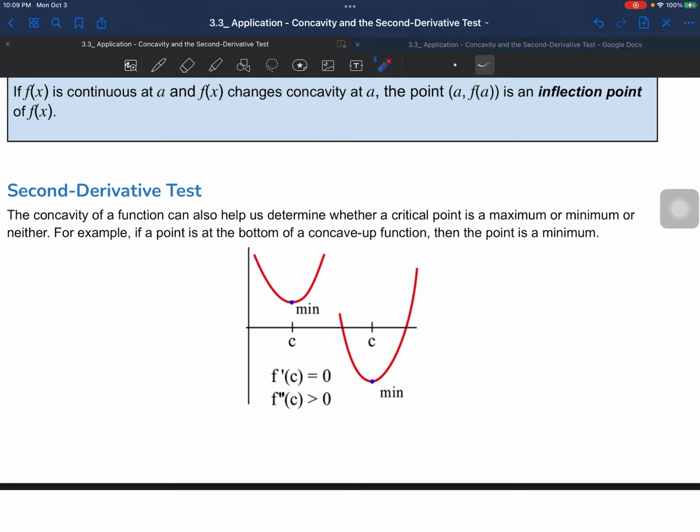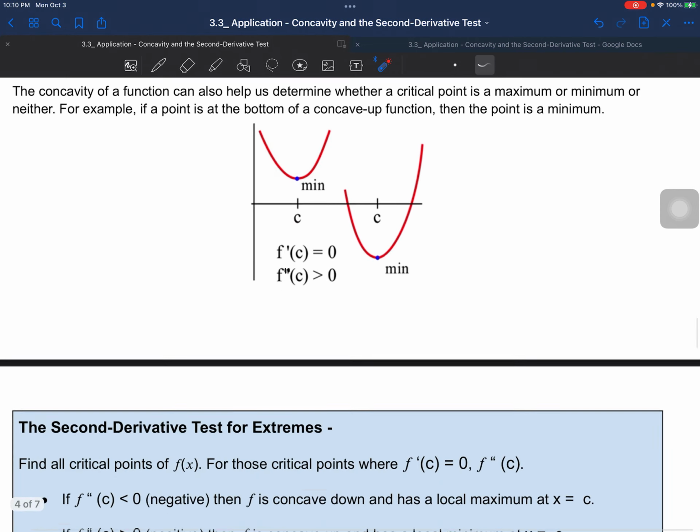It wouldn't make sense if this point happened to be a critical number and the second derivative were not greater than zero. But also, if the second derivative is less than zero, then this will be a concave down.